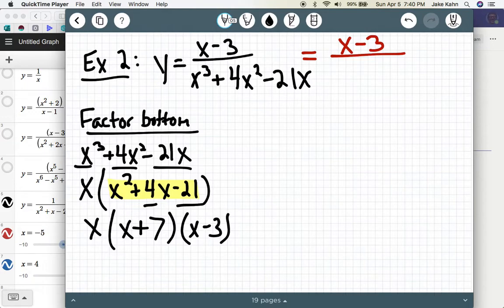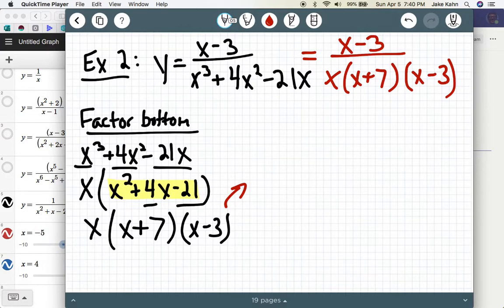So that's what the bottom of my expression factors out to, which I'm going to write up there where we were working before in red: x times (x plus 7) times (x minus 3).